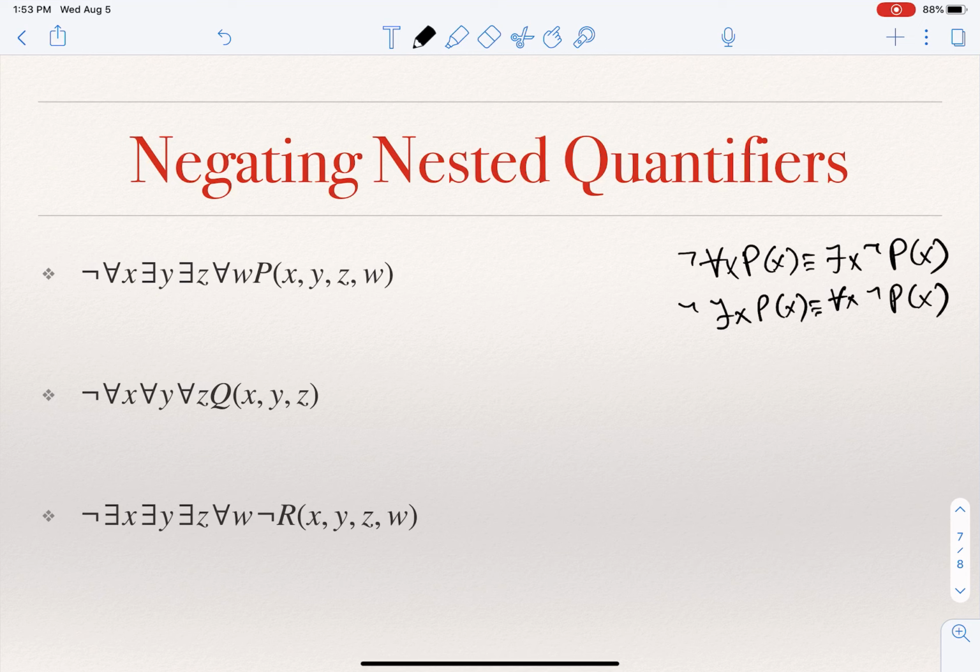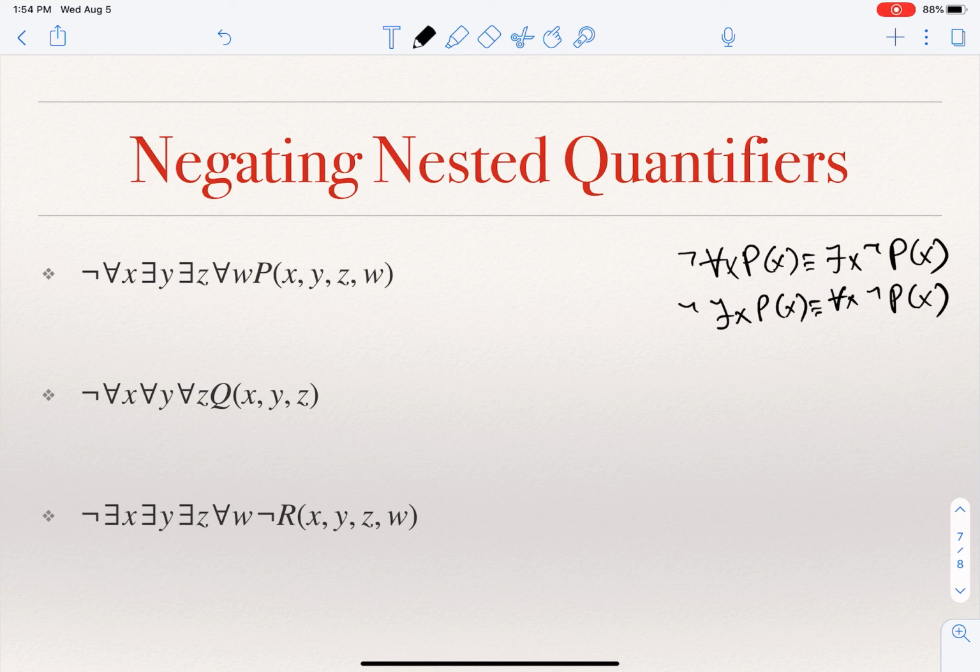We can do a similar thing here. The simple way to think about it is to push the negation all the way across all the quantifiers until you get to the propositional function. And as you come across one of the quantifiers, if it is universal, flip it to existential. If it is existential, flip it to universal.